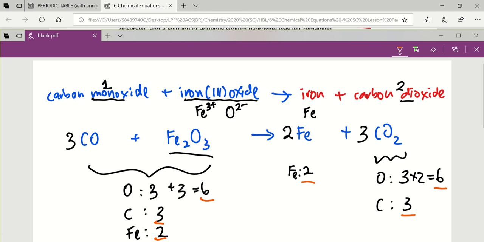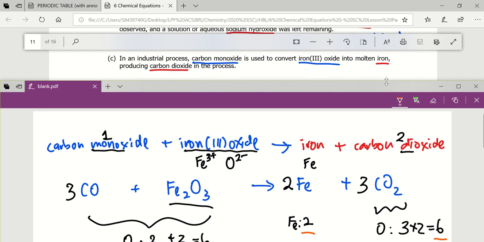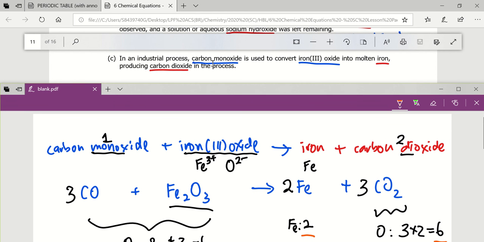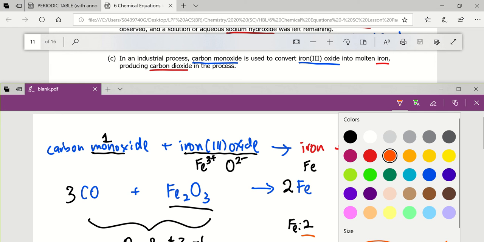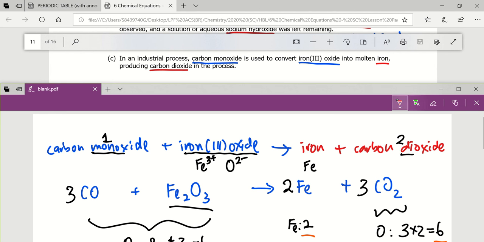Alright, so let us go back to writing in the state symbols now. We see that in the question carbon monoxide is mentioned. There is no word to describe carbon monoxide, but based on our knowledge, we need to know that carbon monoxide is a gas. So let us write in the state symbol. Carbon monoxide is a type of gas.